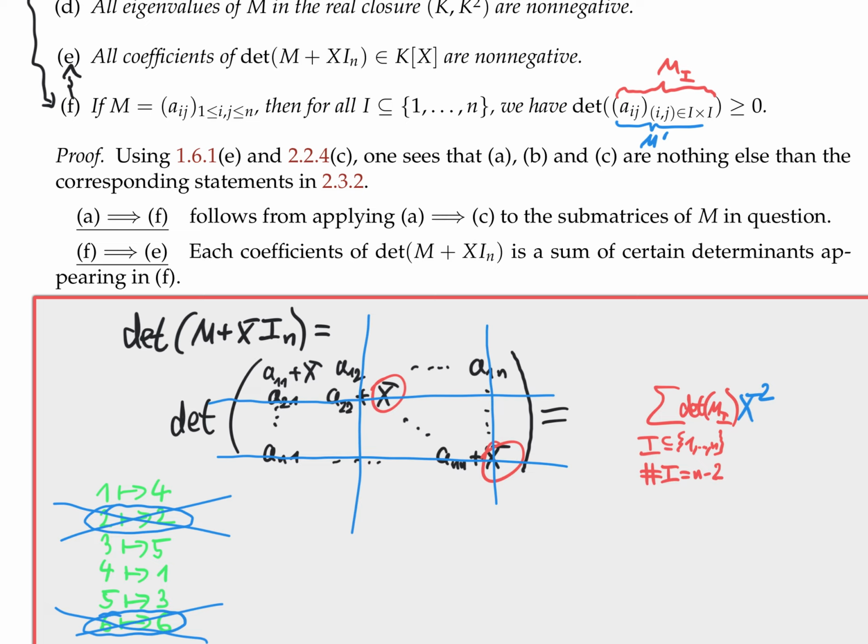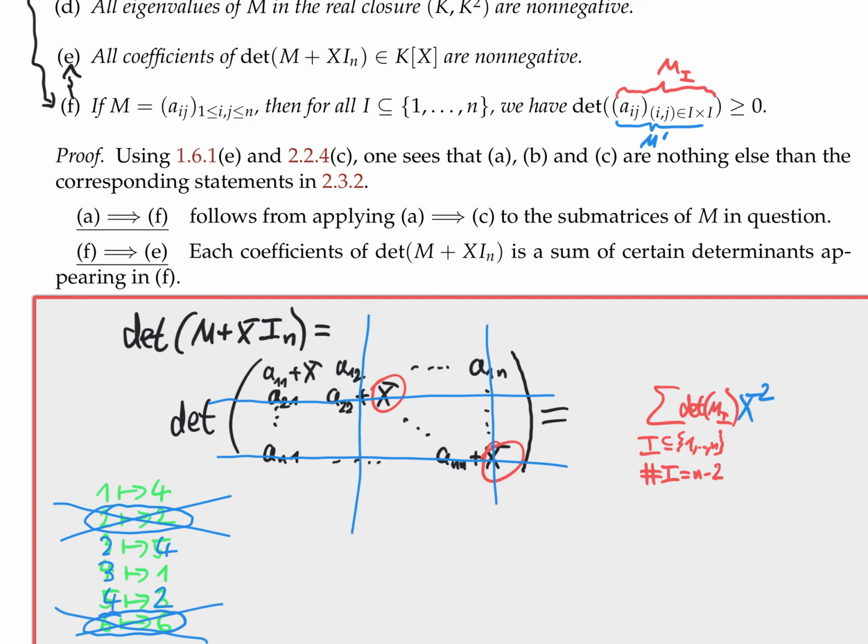And so if I delete column 2 and column 6 and row 2 and row 6, then of course I would have to renumber now the others, 3 would become 2, 4 would become 3, and so on, right?